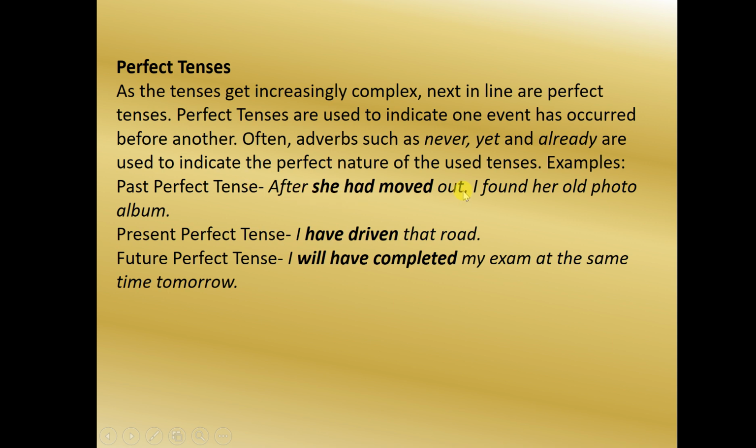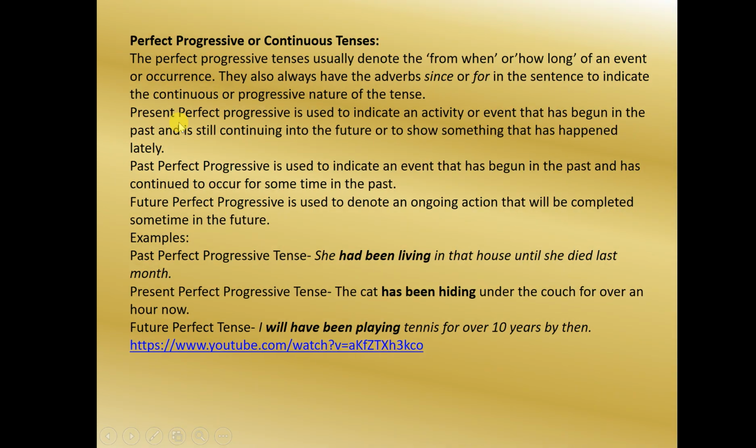After she had moved out, I found her old photo album. Present perfect tense, I have driven that road. Future perfect tense, I will have completed my exam at the same time tomorrow. So these are the perfect tenses usages.